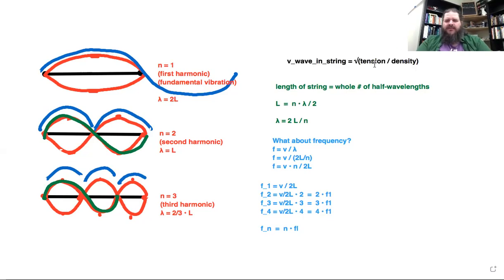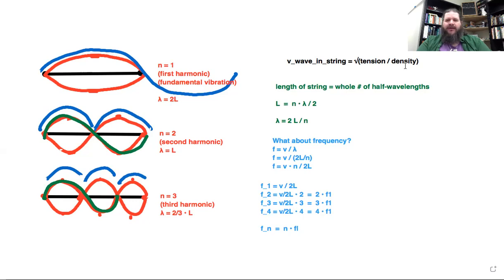That is, the tighter the string is stretched, the faster the wave travels. The heavier the string is in terms of kilograms per meter, the slower the wave travels. So you can adjust the speed of the wave, the value of V in this equation, based on how tightly stretched the string is and how dense the string is.